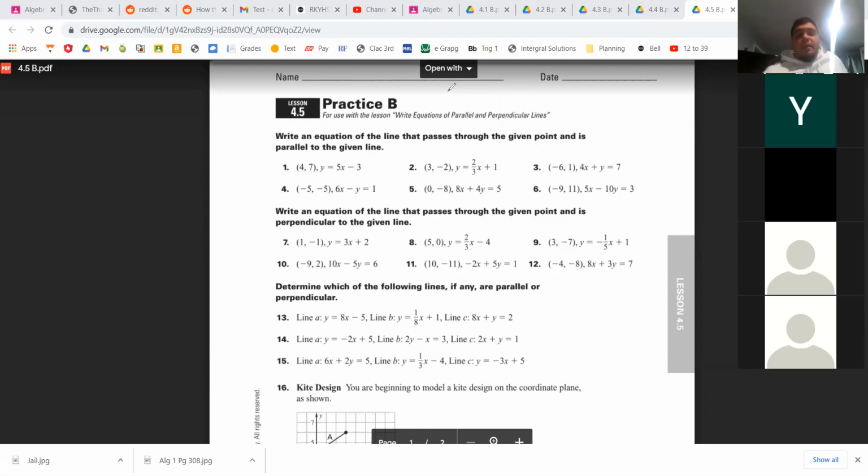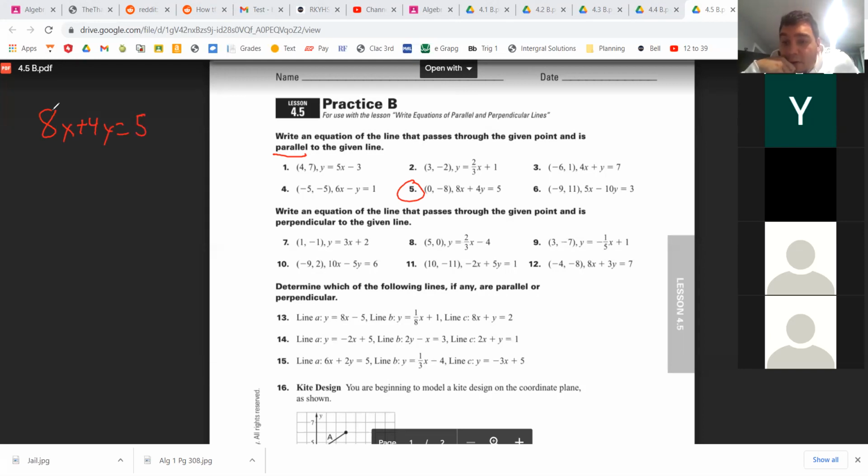So let's talk about the first set, 1 through 6. Give me an equation that is parallel. You need to know when you read that word parallel, that means the slope is the same. So we're going to get the slope. I'm purposely going to pick a harder one, number 5. They give you 8x plus 4y equals 5.